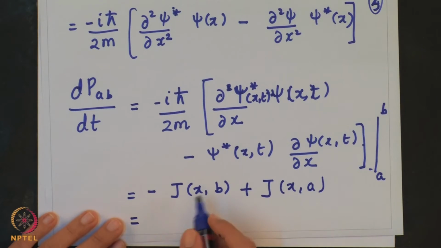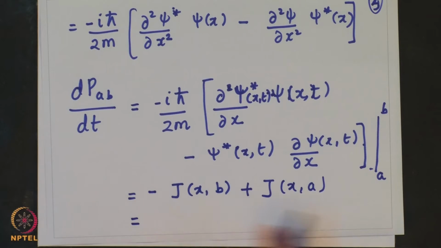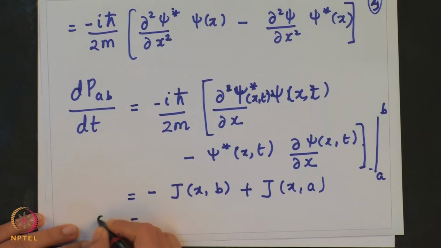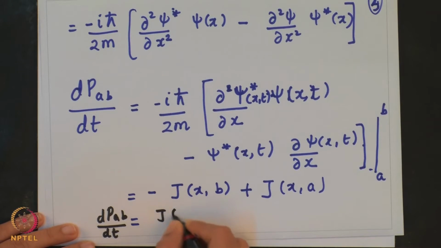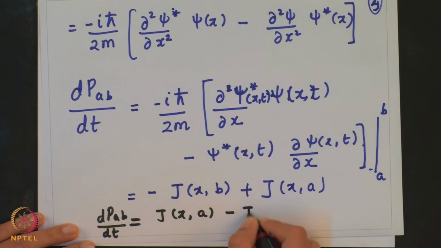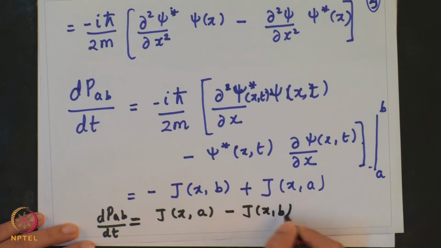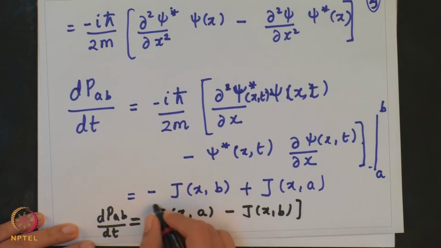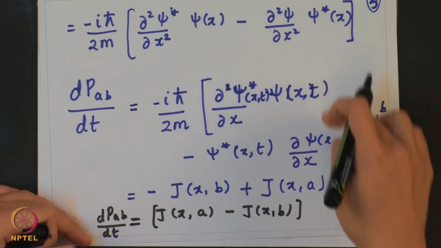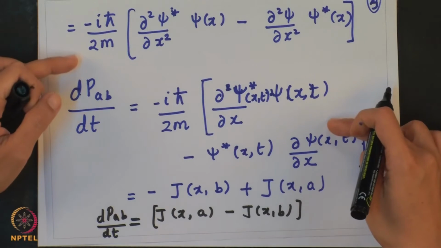So, in the end I have dP_ab by dt is minus, okay. So, these steps, this to this, require integration by parts.